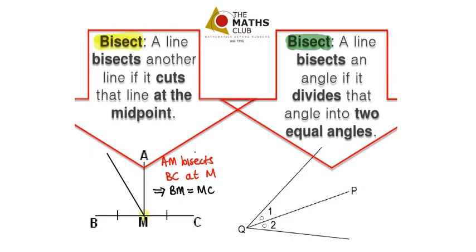We've got angle Q1 and angle Q2, and the line QP bisects the angle Q such that we can write that angle Q1 is equal to angle Q2. So this tells us that line QP bisects angle Q. It divides it into two equal angles.